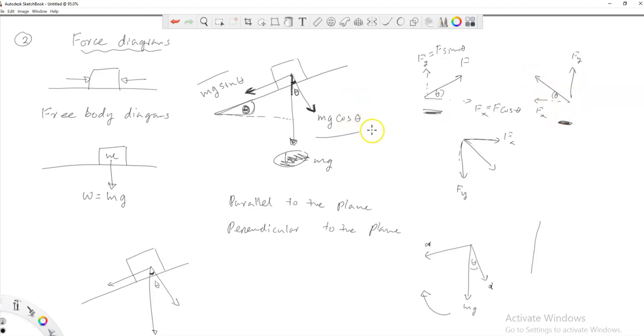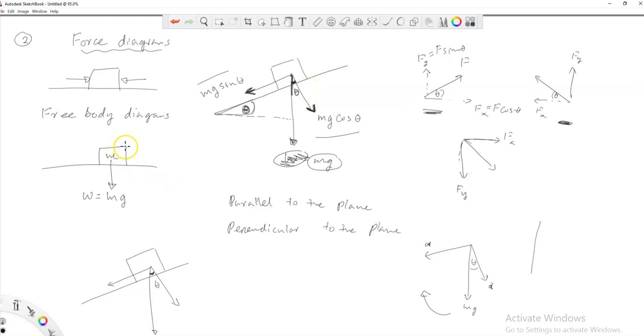Same thing here. So the first thing we do is we split this big mg vector into two components. Now we have a parallel one, we have a perpendicular one. Now mg cosine theta is kind of like the weight of the object, but not the entire weight, a component of it.